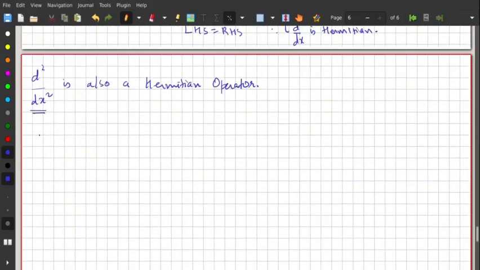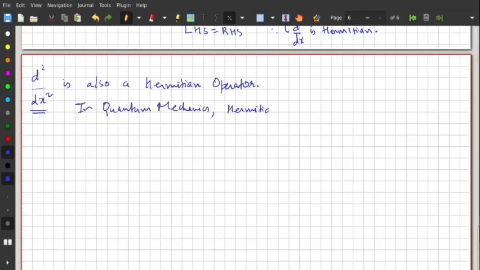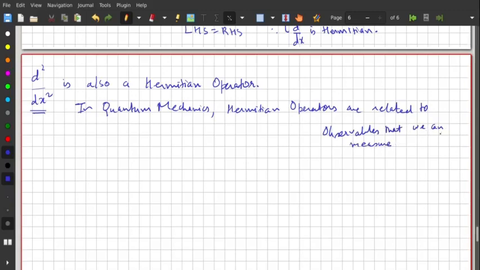Okay, that's a very important operator that will be used in quantum mechanics, because in general in quantum mechanics Hermitian operators are related to observables that we measure in lab, the objects that we can measure basically.